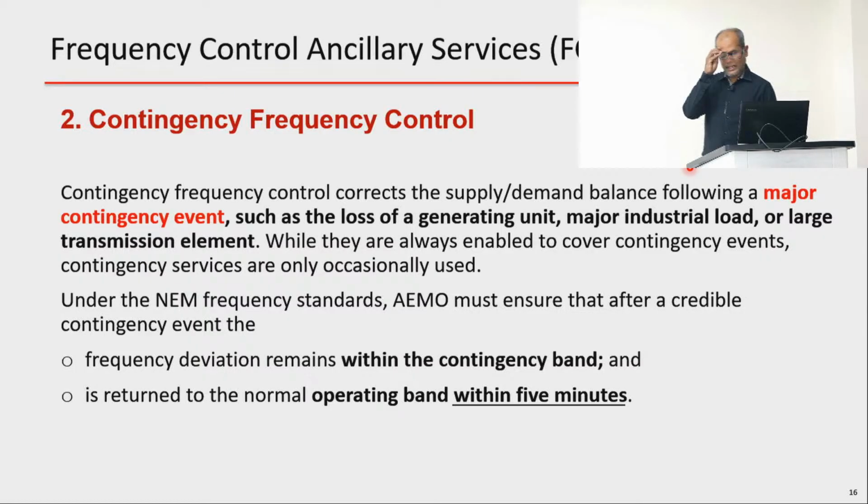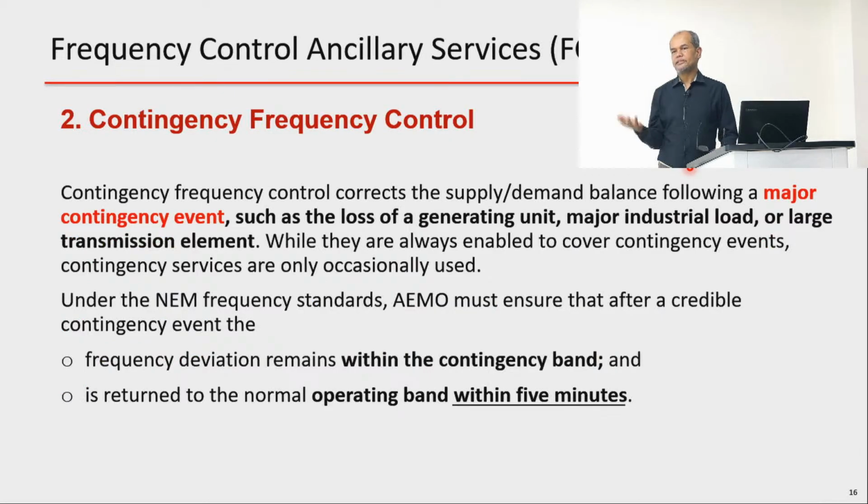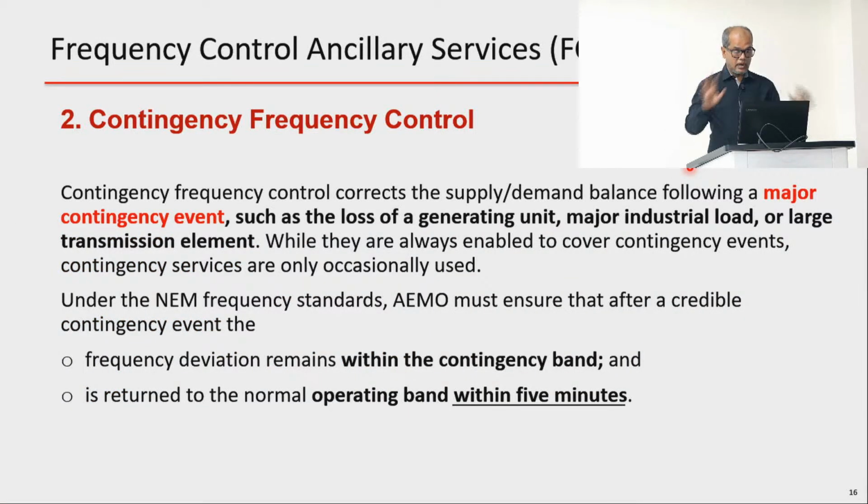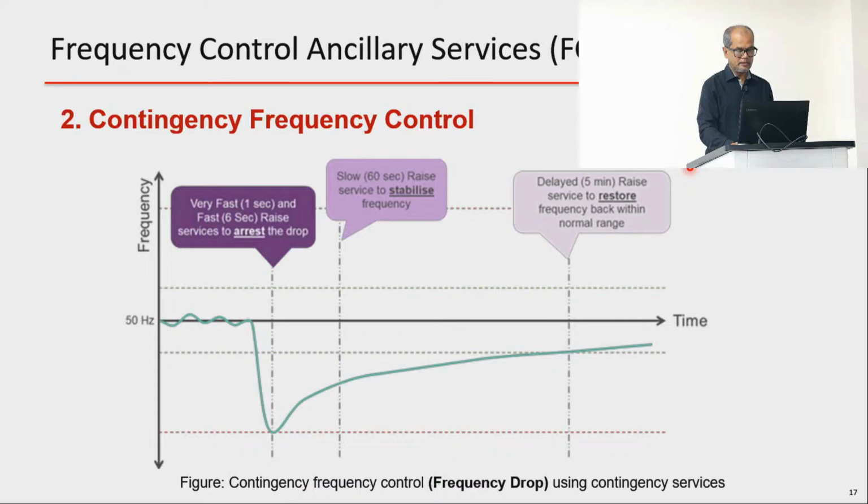If something small changes, AGC can automatically bring back the frequency. But this one comes into the picture when you have a very major event which takes the frequency far away from 50 hertz, and in that case we need this sort of service.